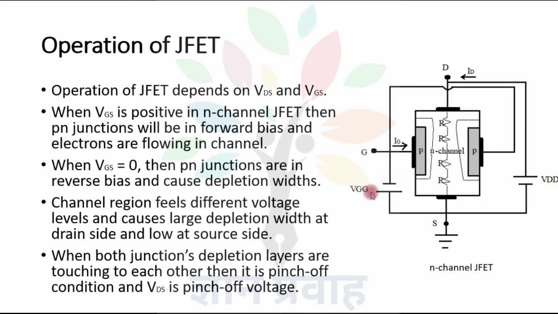So when we increase the value of VGS voltage, the width of the depletion regions also increases and it affects the drain current which is flowing between drain and source terminal. When VGS voltage is such that both the depletion widths are touching each other, then it is called the pinch off condition.